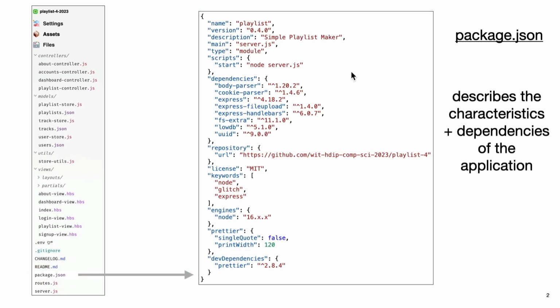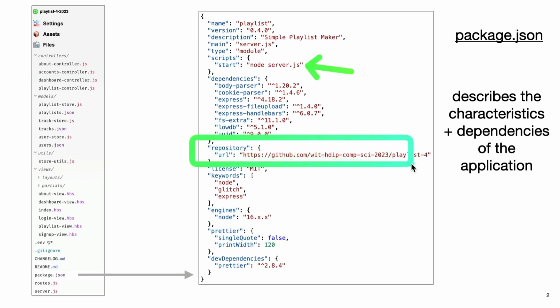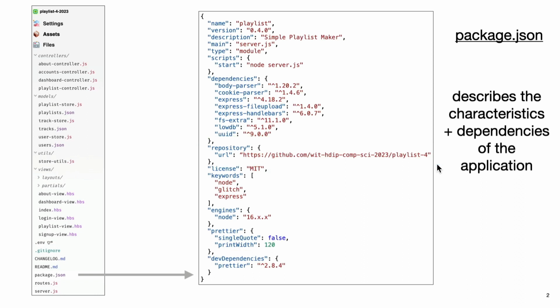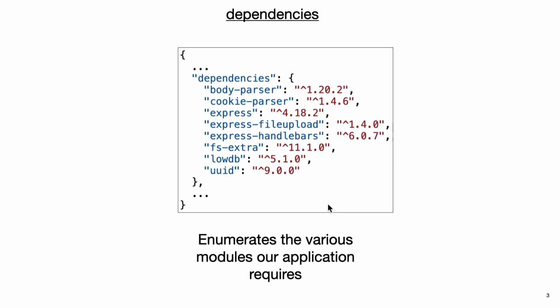So if you've been choosing to run the application using Visual Studio Code, you've been effectively running this. We can put in, and these are optional, the GitHub repository where this project may be stored, some keywords, the version of Node we're using, and some code quality issues to do with formatting. The one I want to focus on here though is the dependencies.